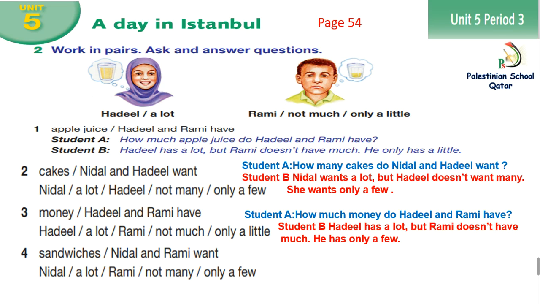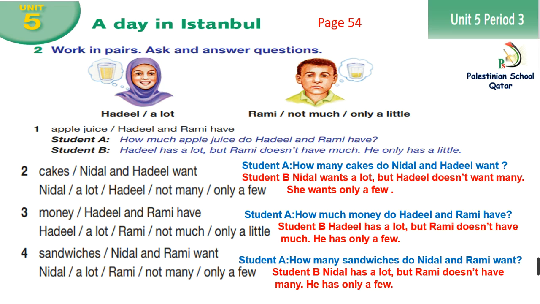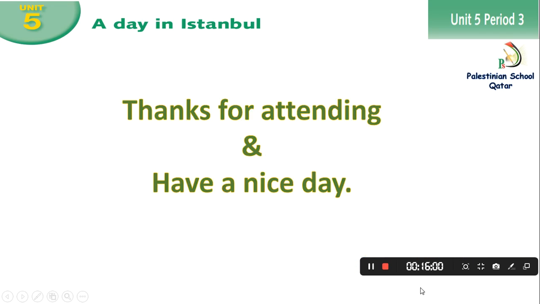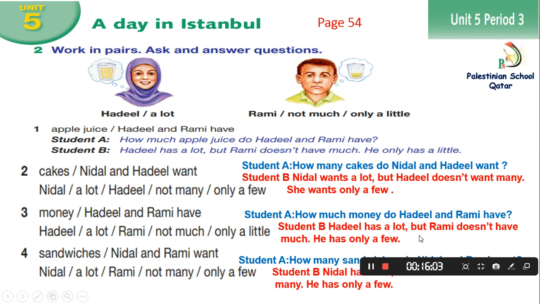He only wants a few. Student B, again. Okay, go. Nidal has a lot, but Rami doesn't have many. He has only a few.